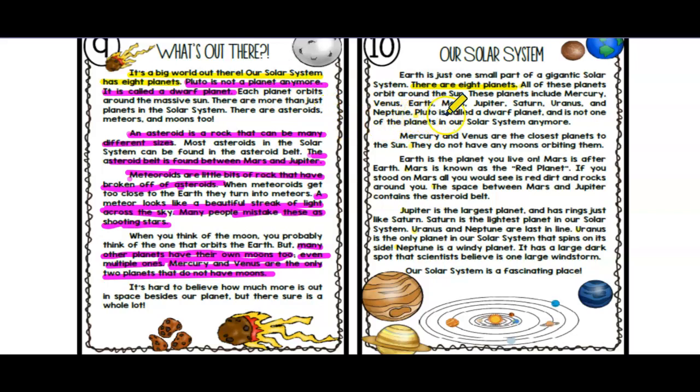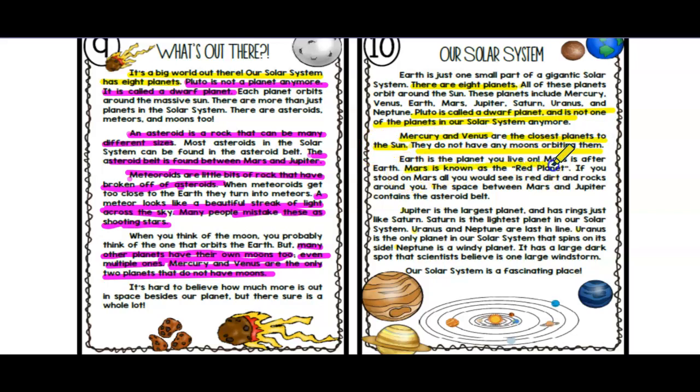We also learned that Pluto is called a dwarf planet, and it's not one of the planets in our solar system anymore. We learned that Mercury and Venus do not have any moons orbiting them, and they are the closest planets to the sun.